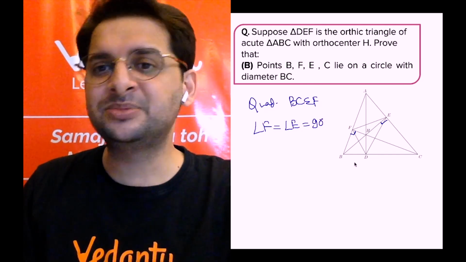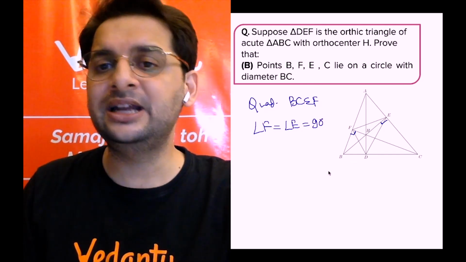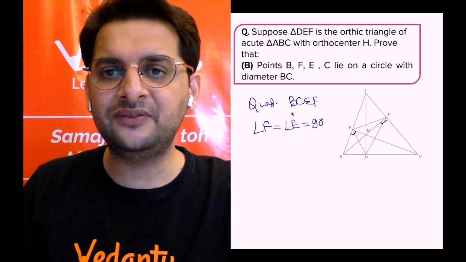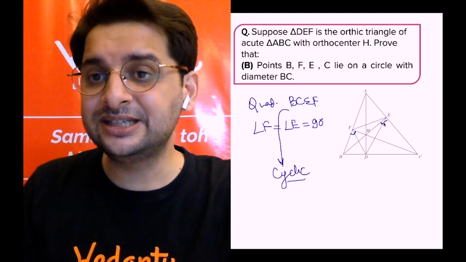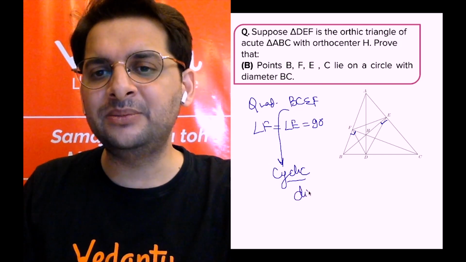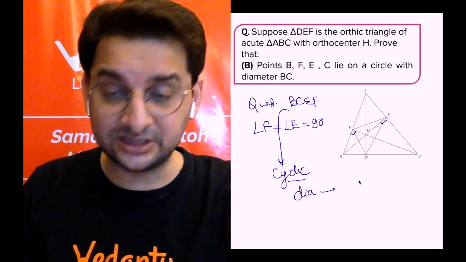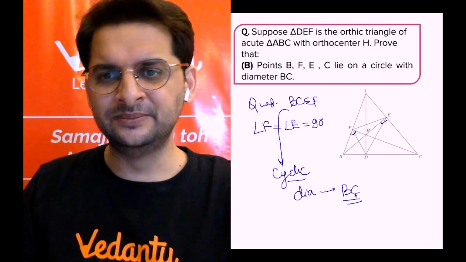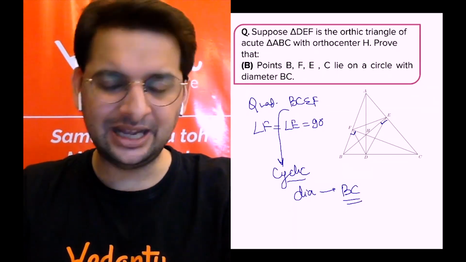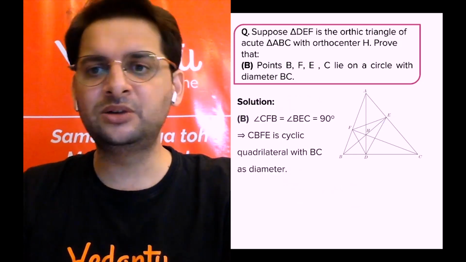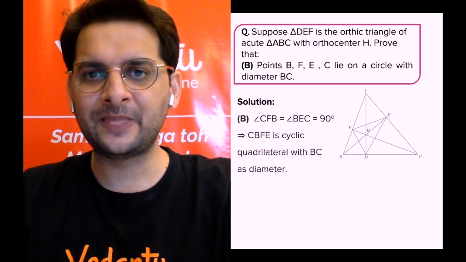So since BC is subtending the same angles at E and F, can I say BCEF is a cyclic quad? And since this angle is 90 degrees, the diameter of the circle would be BC. Okay, so this is something which is easy and we've already proved. You can see the solution.